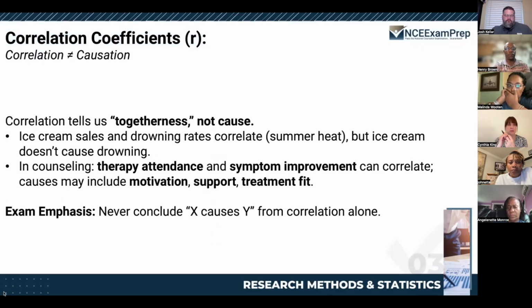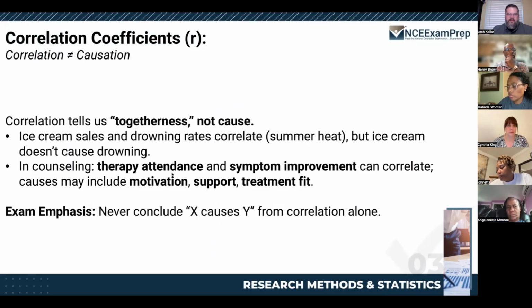So we'll come back to scatter plots in a second. Important thing to remember is that correlation tells us about togetherness, but not cause. So ice cream sales and drowning rates correlate because of the summer heat, but ice cream does not cause drowning, right? They correlate, but they're not causing one another.